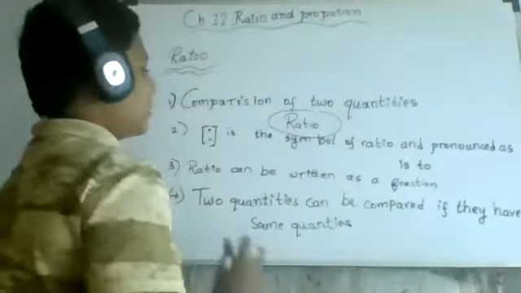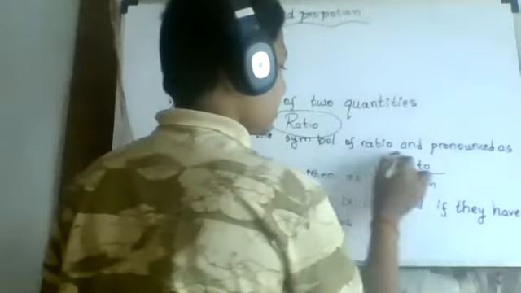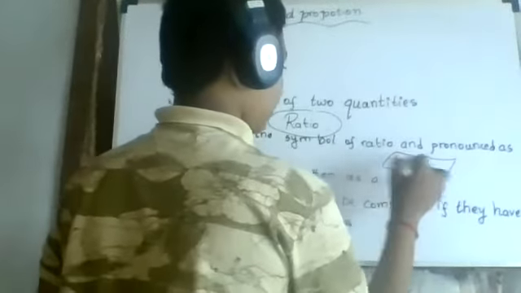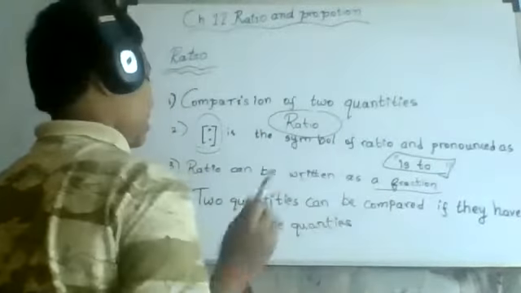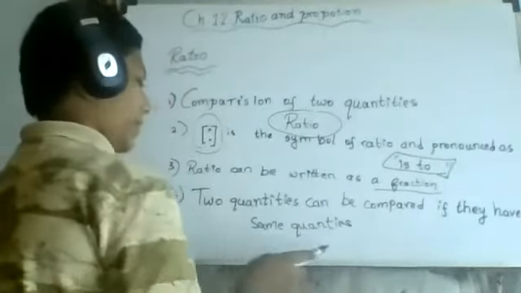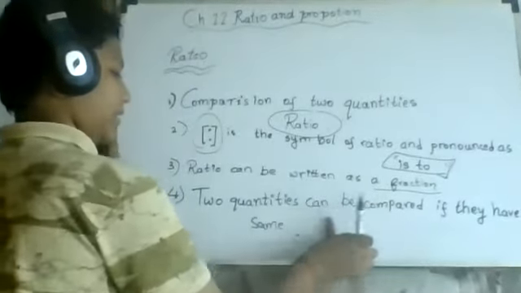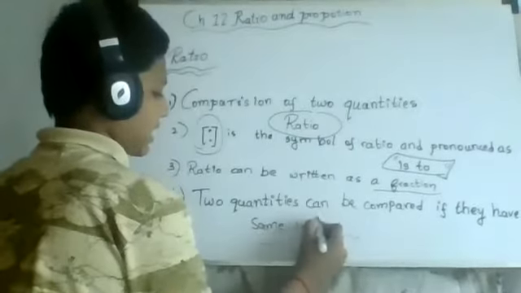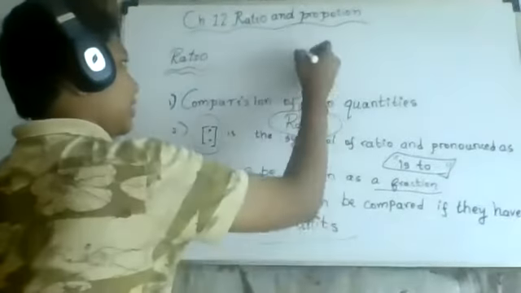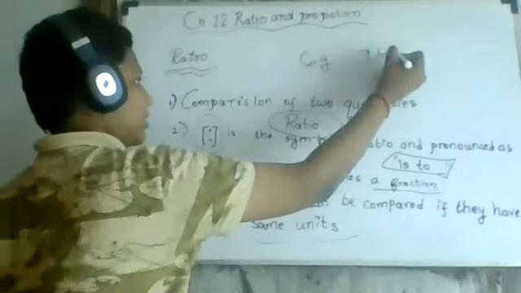The symbol of ratio is the colon, and it is pronounced as 'is to'. A ratio can be written as a fraction, and two quantities can be compared if they have the same units, such as 6 grams and 9 grams.